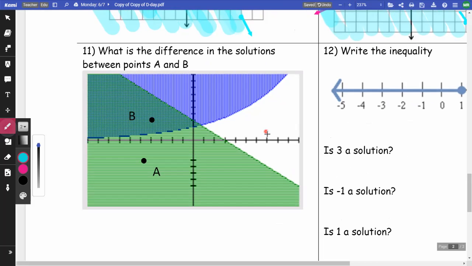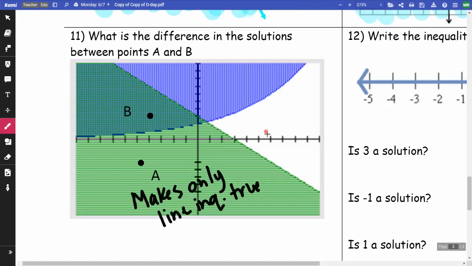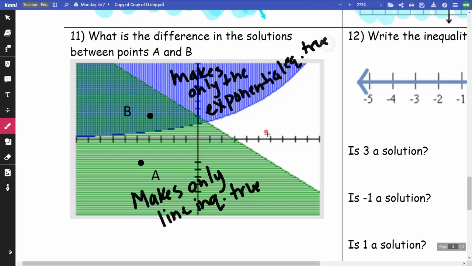So point A, let me just make sure everyone understands this. This one makes only the line inequality true. Here in the blue makes only the exponential inequality true. Here makes neither true.